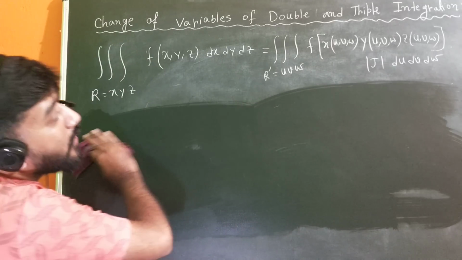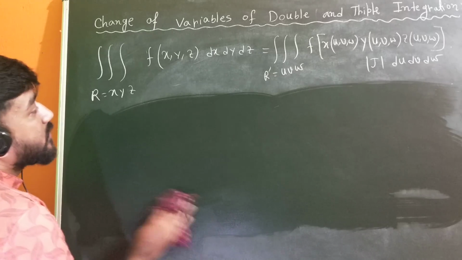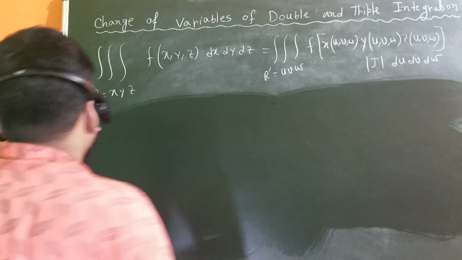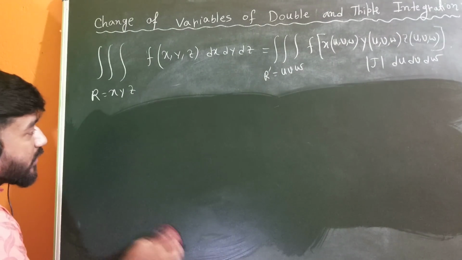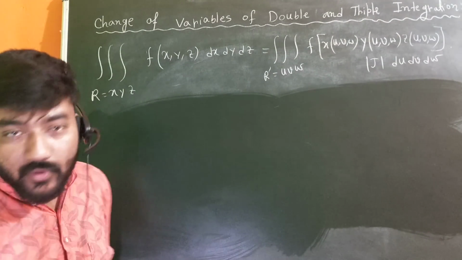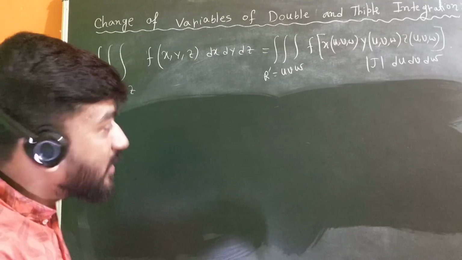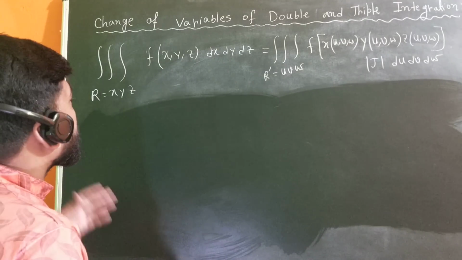Okay, so this relation will hold for all kinds of curvilinear coordinate systems, but the three important curvilinear coordinate systems, one in 2 dimensions and two in 3 dimensions, are very important. One is cylindrical coordinate, another is spherical. So we have taken cylindrical, now I would like to talk about the spherical coordinate.